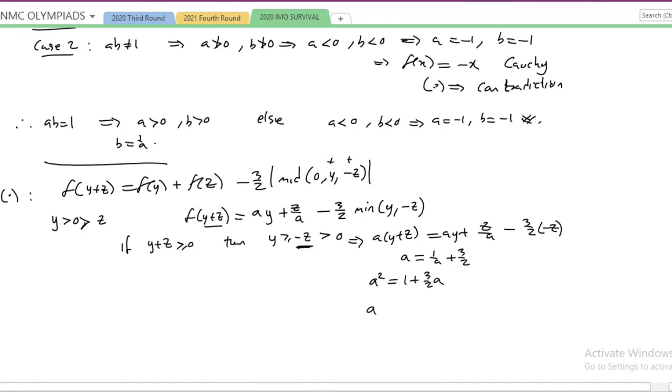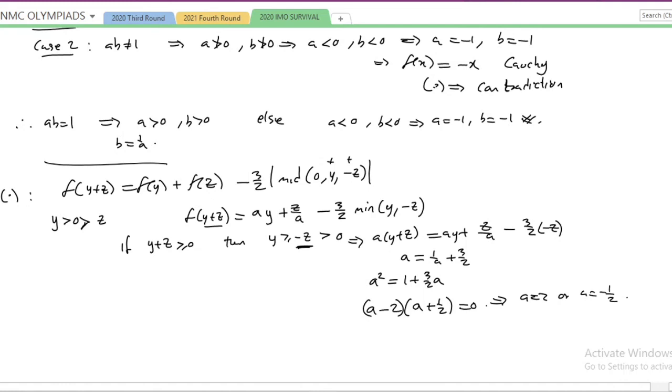By inspection we could see that a equal to minus half should do this, and a equal to 2 should do this. So I'm just going to write a factorization that works. So this means a is equal to 2 or a is equal to minus half.